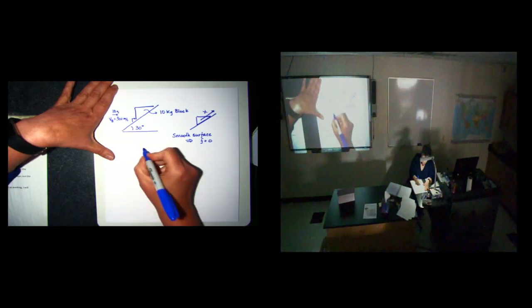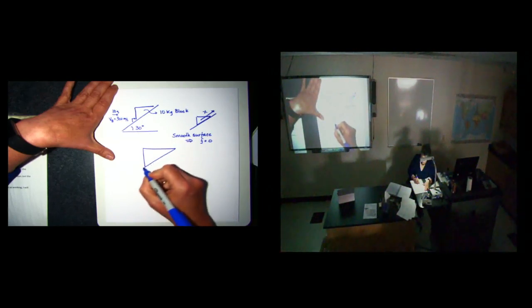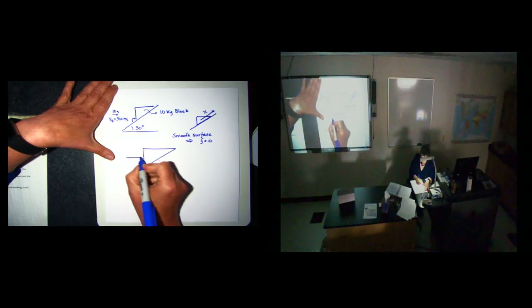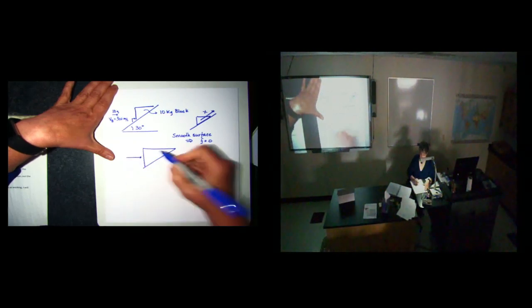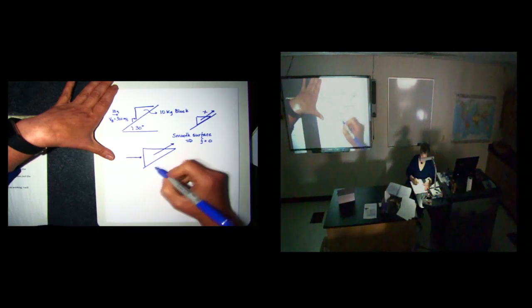And by experience, we know that this will be 30 degrees. Okay? That side right there would be 60. 90 plus 30 would be 180. Well, that'll be 60. We're not going to need it.